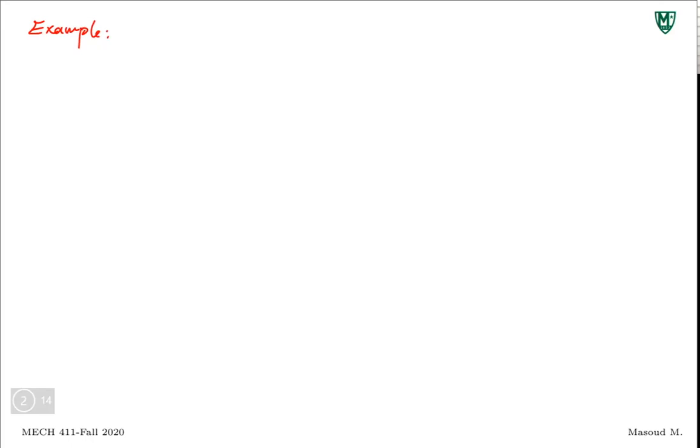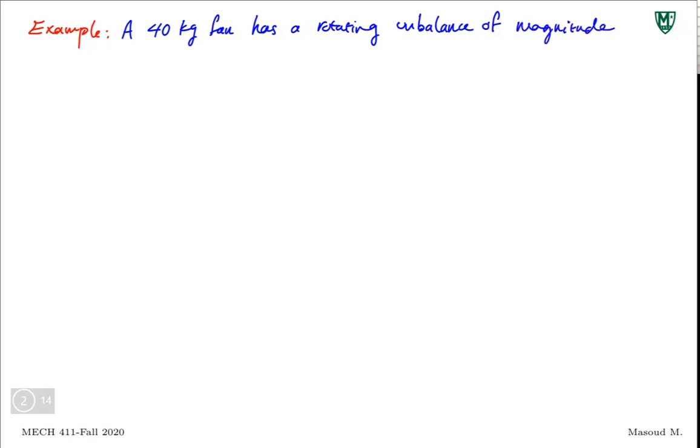Get the problem statement there. It says we have a 40 kg fan. The 40 kg fan has a rotating unbalance of magnitude 0.1 kgm.